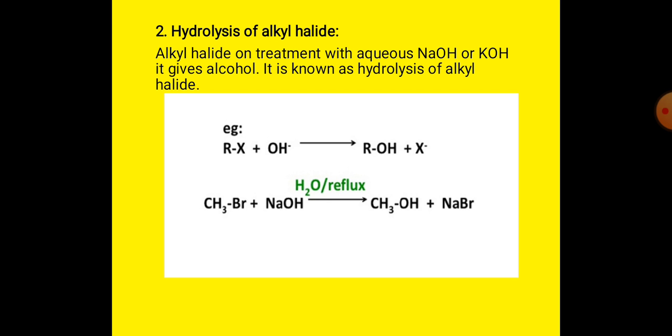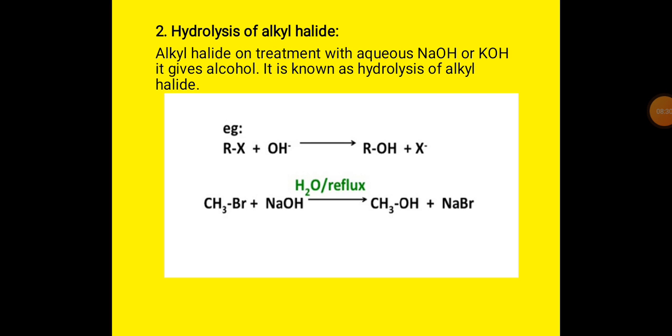When methyl bromide is treated with sodium hydroxide under reflux condition, it gives methanol with the removal of salt, that is NaBr, sodium bromide.